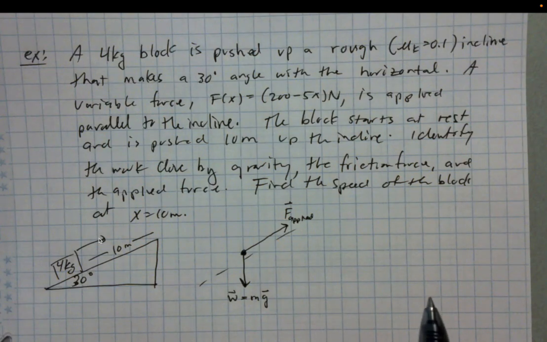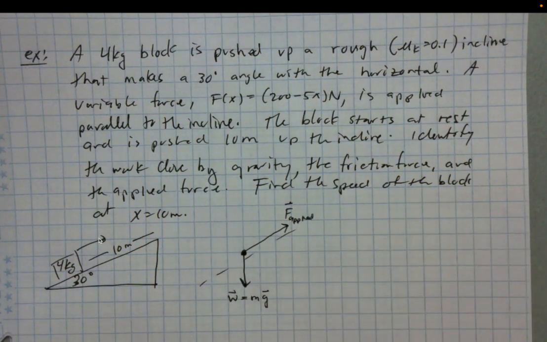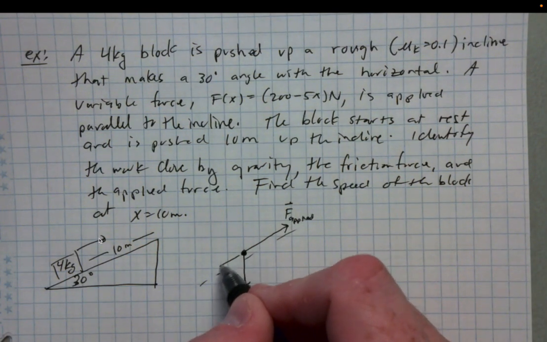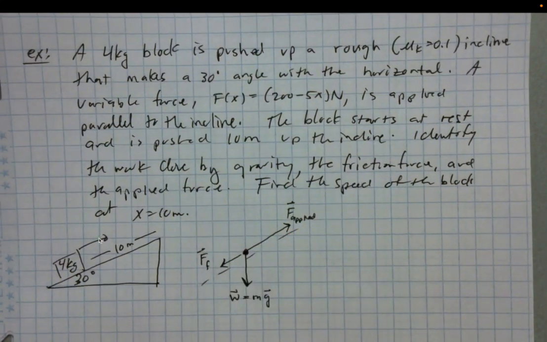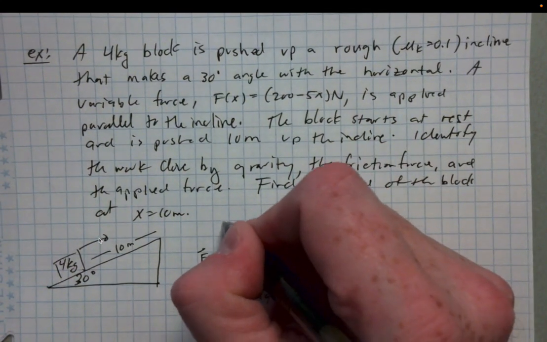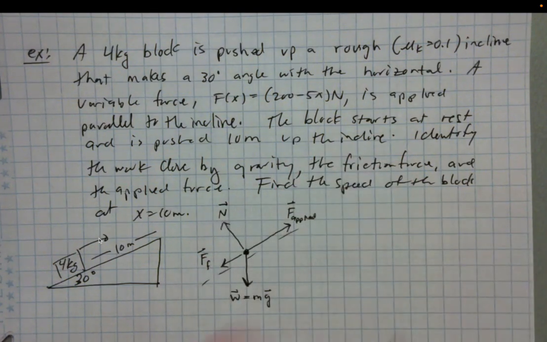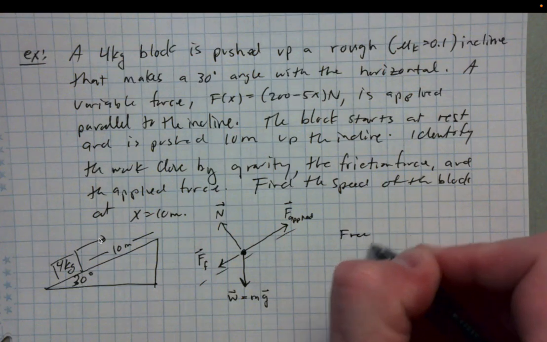Okay, the applied force is in that direction. It's offset by a friction force that's in the opposite direction, and of course we have a normal force that's perpendicular to the incline. Okay, so this is pretty much what the free body diagram would look like. Okay, so this is the free body diagram.